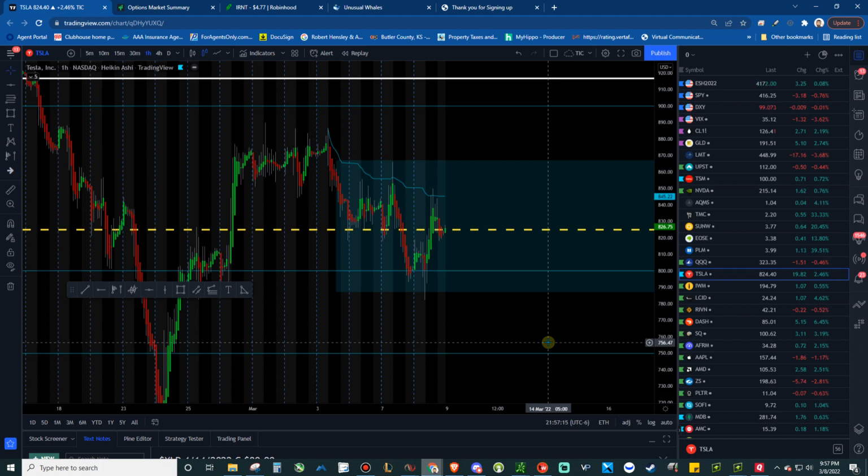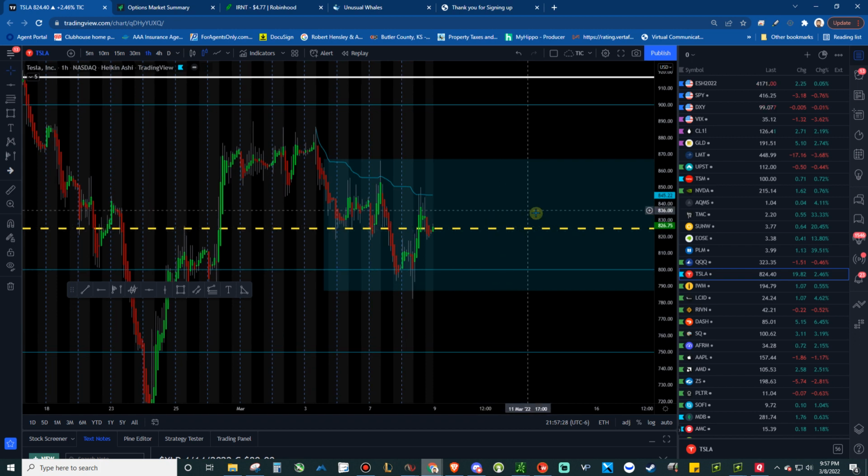if there's supporting flows with calls and that kind of stuff. Those are other things you've got to watch too. You've got to watch to see if the market's good or if there are supporting calls being bought into the market, especially with Tesla. But if you're trading above this level, then you're going to want to try to be long. You want to be buying the dips with that market maker.